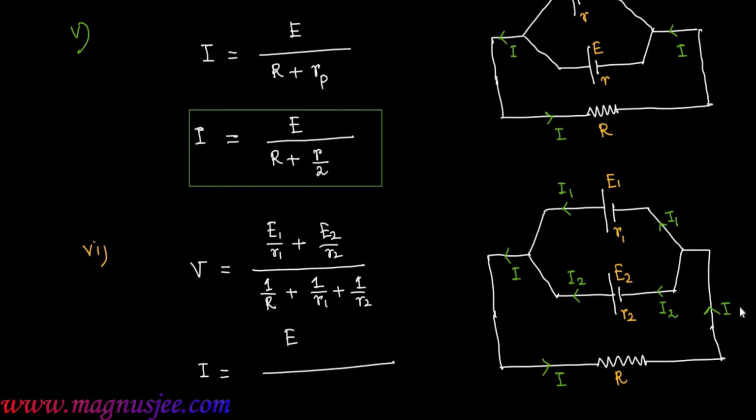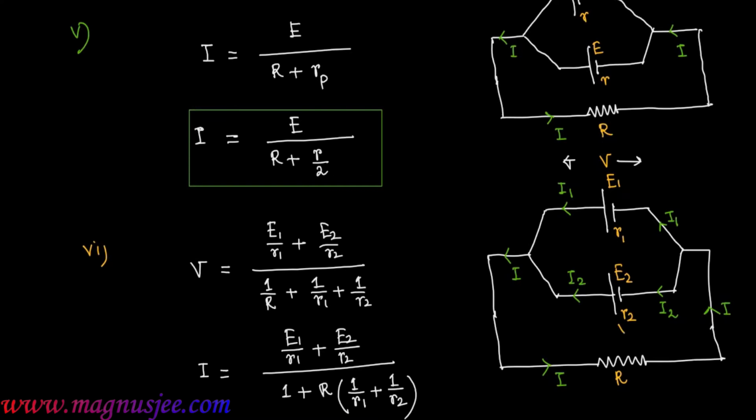Therefore, I is equal to E1 by r1 plus E2 by r2 whole divided by 1 plus capital R bracket opened 1 by r1 plus 1 by r2. That is the expression of current I flowing through the external resistance capital R.